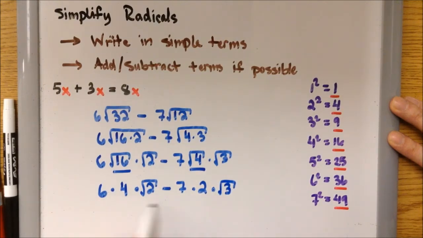Now I'm just going to combine them. So 6 times 4 times square root of 2 is 24 square root of 2. Bring down the minus. Then I combine these three together. So 7 times 2 times square root of 3 is 14 square root of 3.